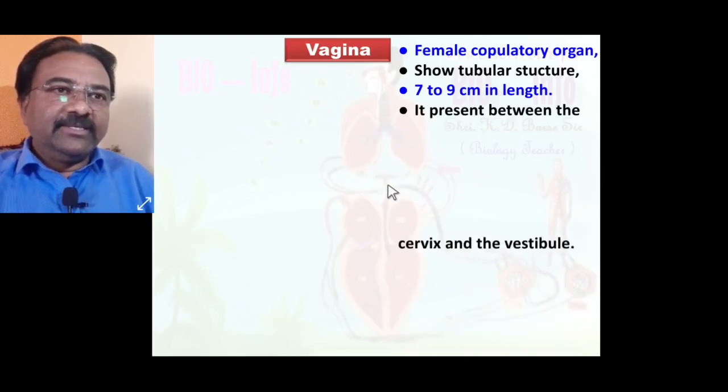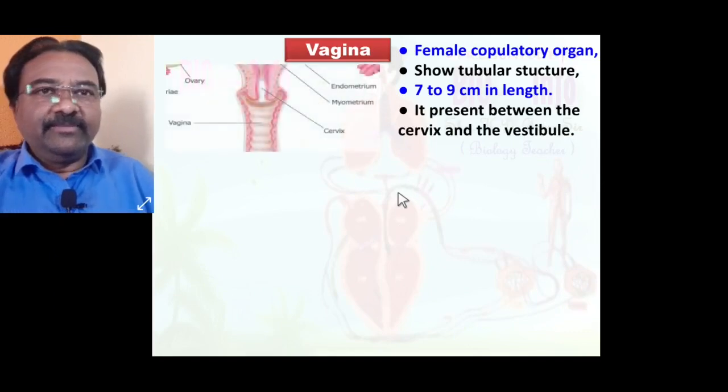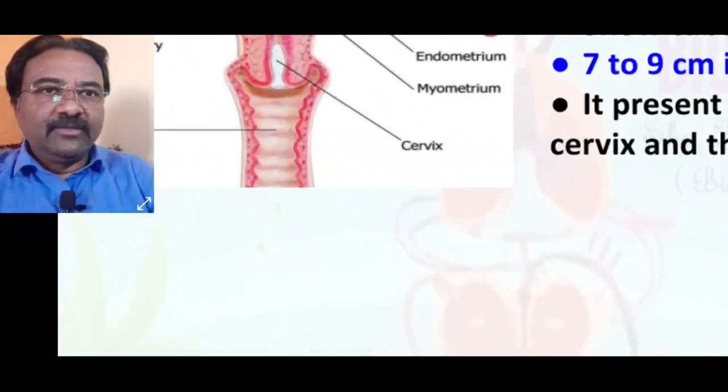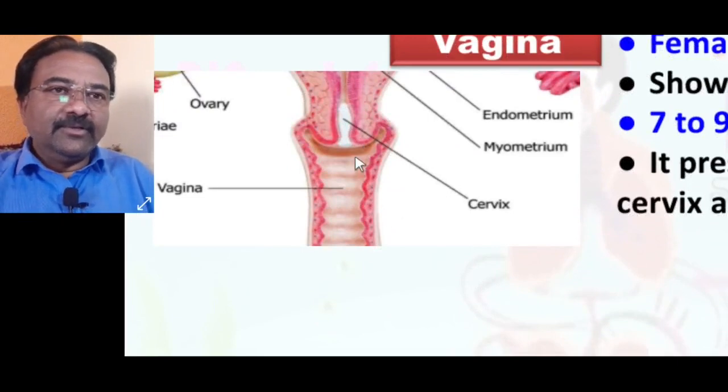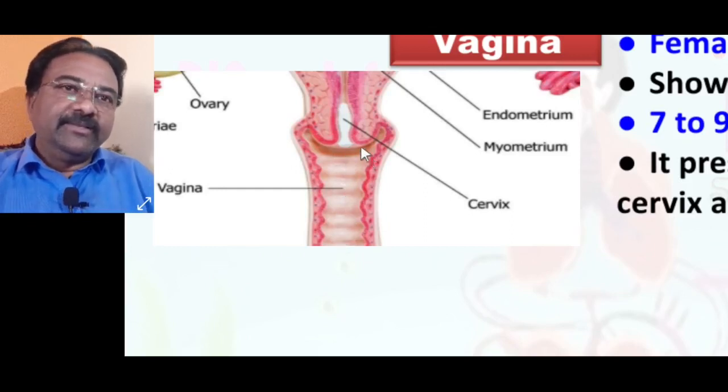It is present between the cervix and vestibule, seen here in the diagrammatic representation. This is the vagina. It is located between the cervix and the vestibule part of the vulva.